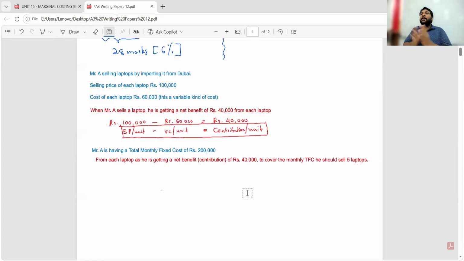That means, people, once he sells 5 laptops, all the burdens are done. Profits are 0.